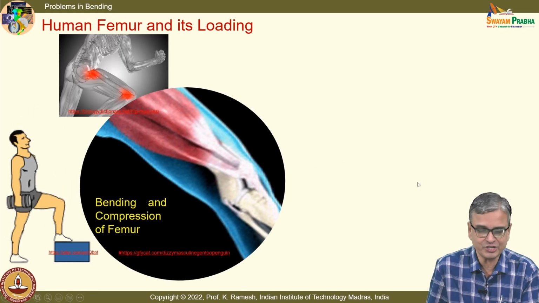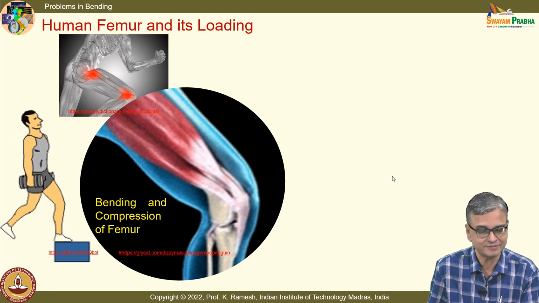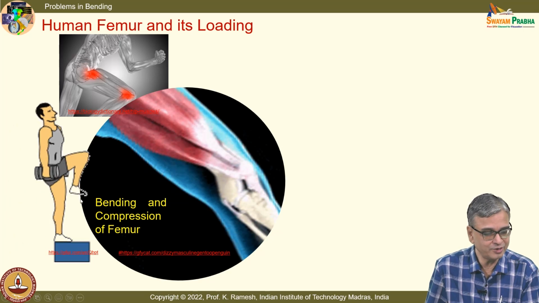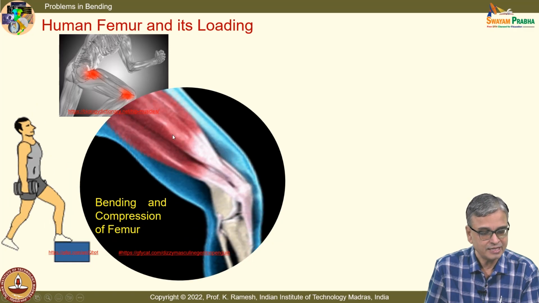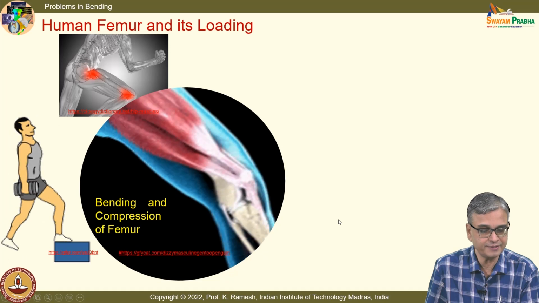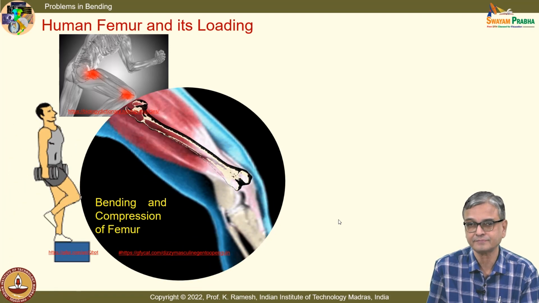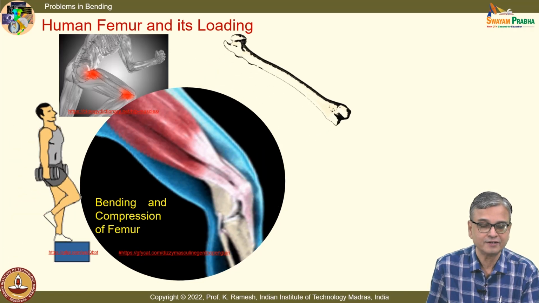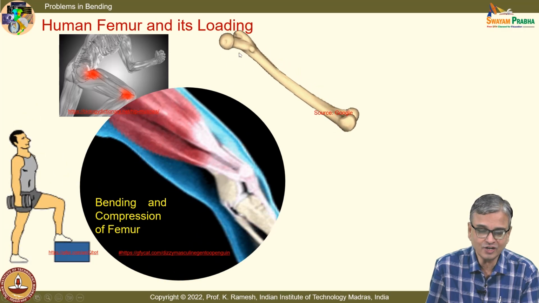And you should appreciate how God has been very clever in designing your body. If you look at when you have action like this to your legs, the femur, the longest bone in your body, is subjected to both bending and compression. And if you look at the femur in all its splendor, you find it is not a straight beam.